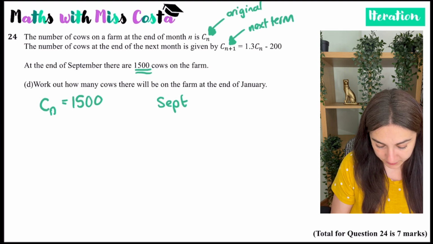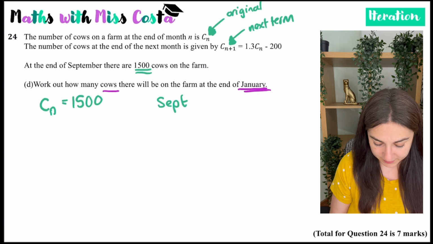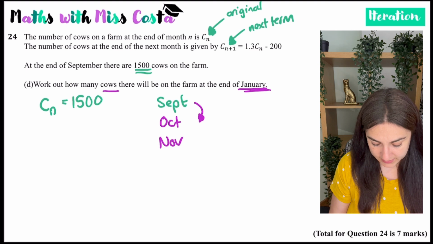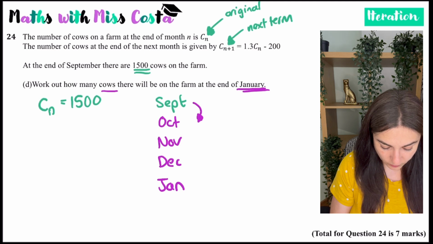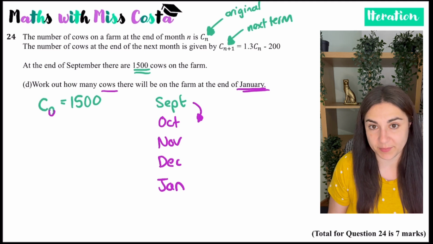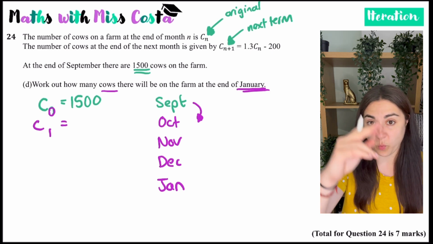Work out how many cows there will be on the farm at the end of January. So, okay, the end of September is our original month. Then you've got October, November, December, and January. So C1, or we could call that C0, September, the end of September is the original value, 1,500.